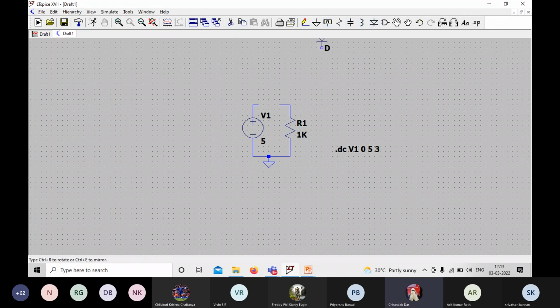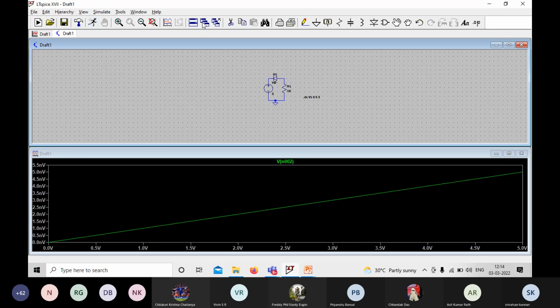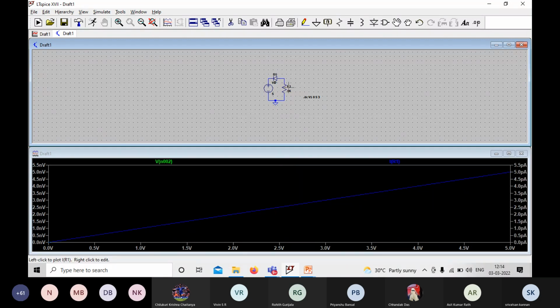Sir, diode value is same. The output current varies in picoampere. You can see the y-axis output current now varies in picoampere.